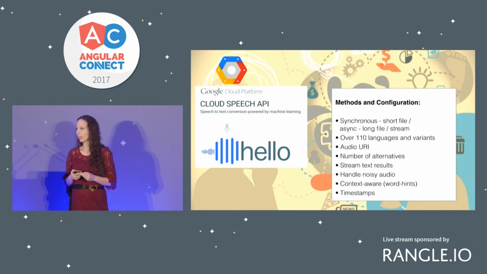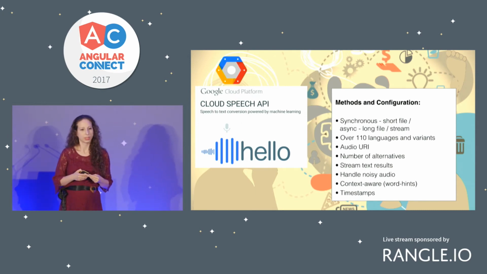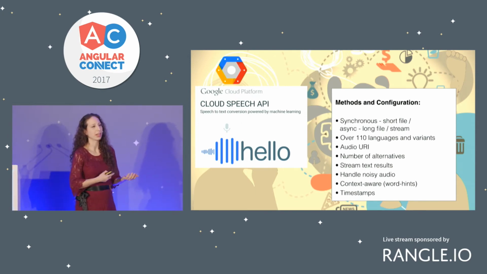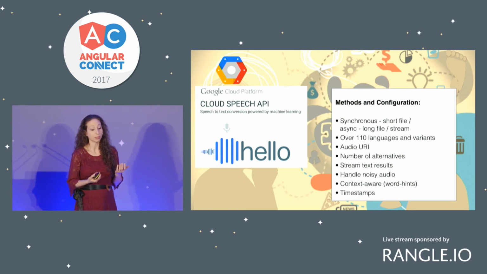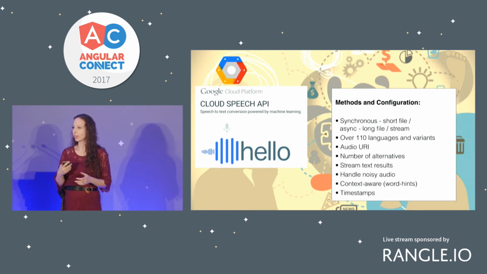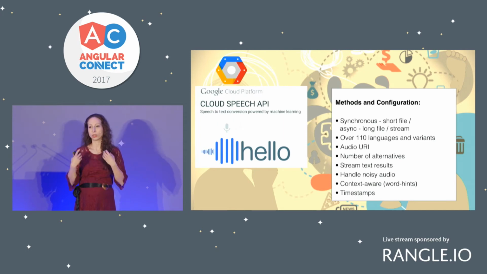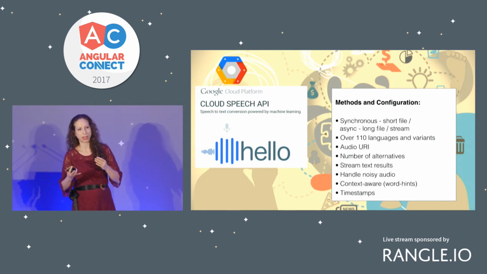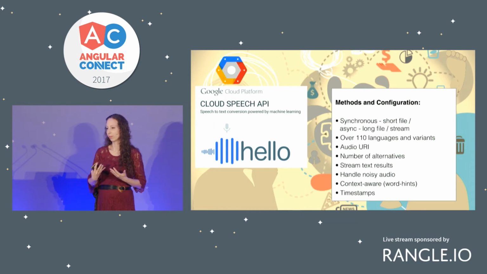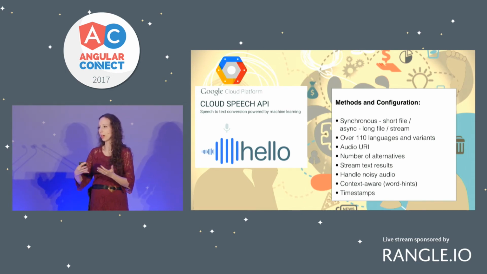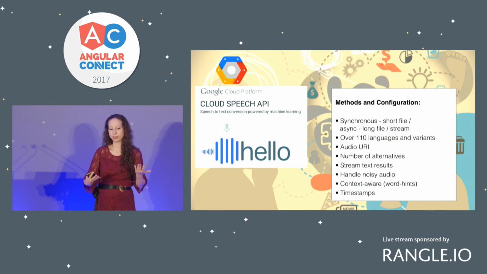So, more things that you can do with that. You can send a URI of an audio file and not the file itself. You can specify the number of alternatives that you want to get, because the recognition is not always perfect, and it might think about some other ways to have the transcription.